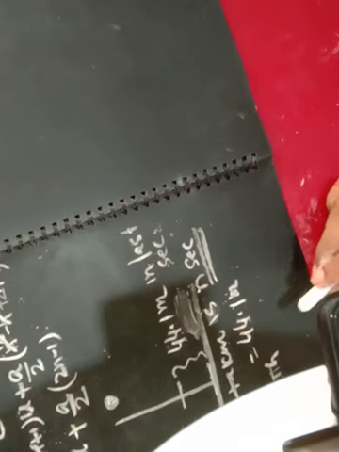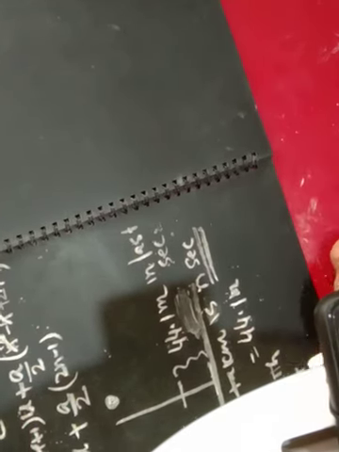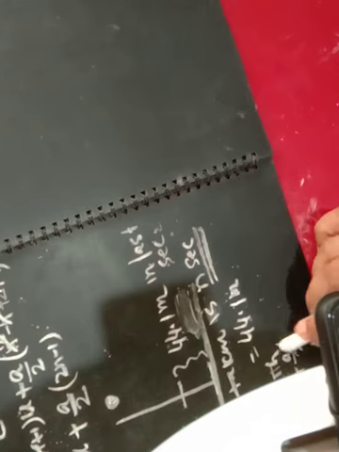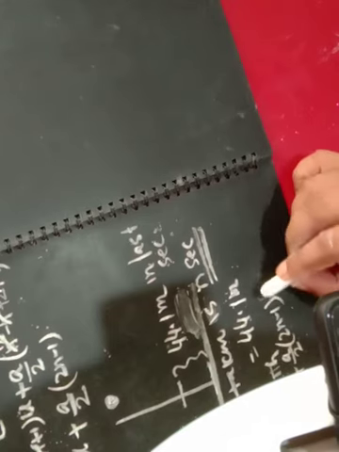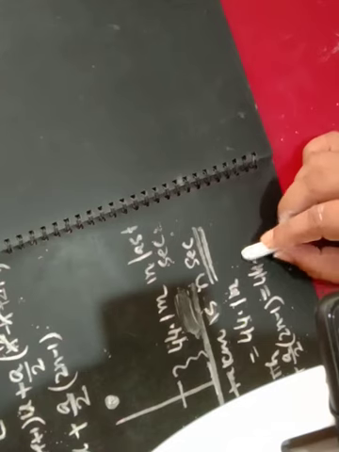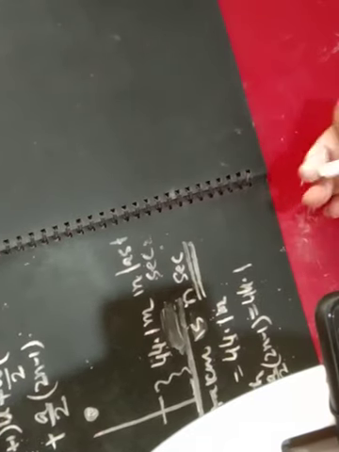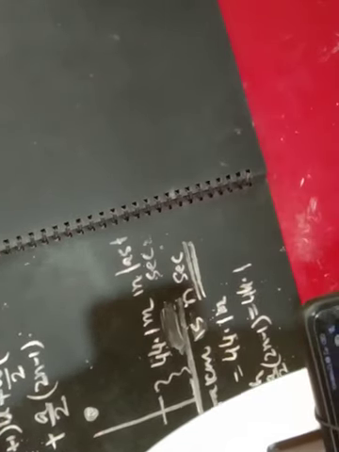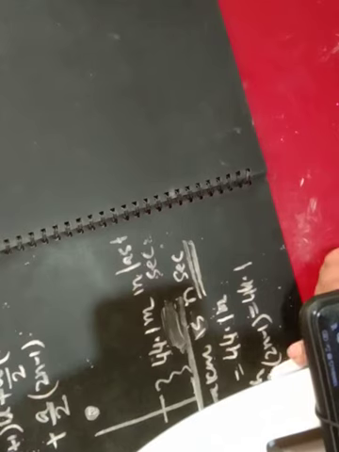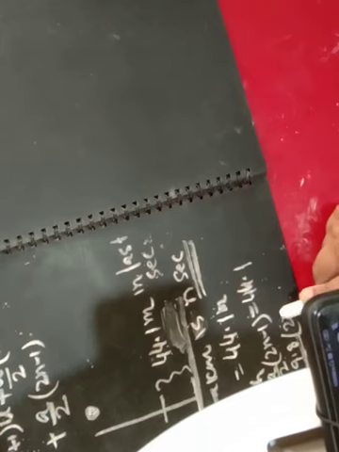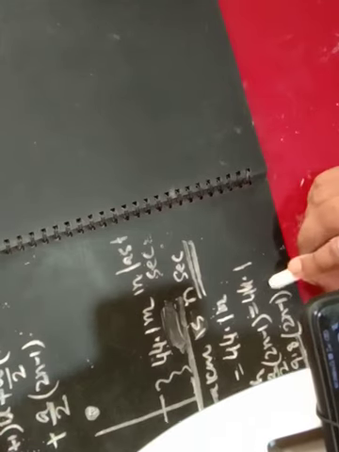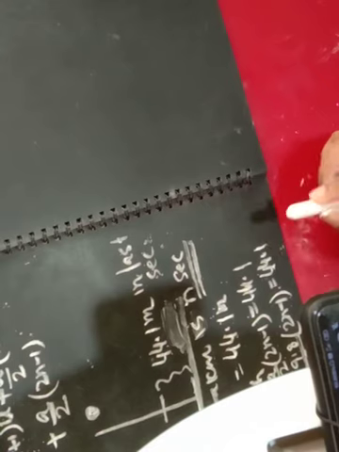So you can apply the formula u plus a by 2 into 2n minus 1, that is equal to 44.1 meter. You get this formula? As it is falling freely, u will be taken 0 and a will be taken 9.8, g by 2, into 2n minus 1, equal to 44.1.